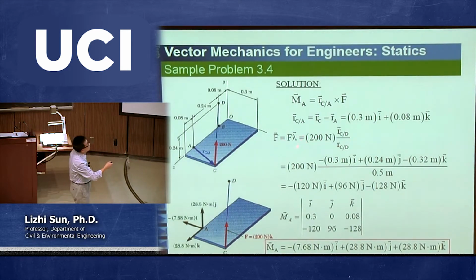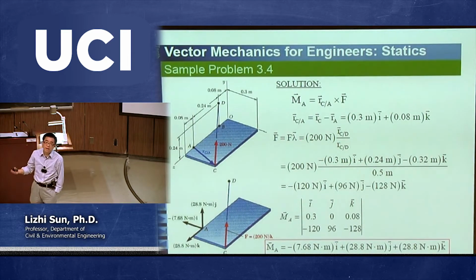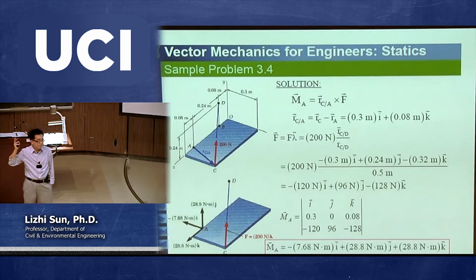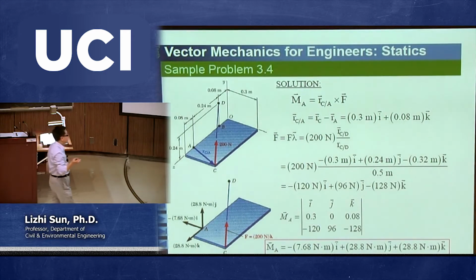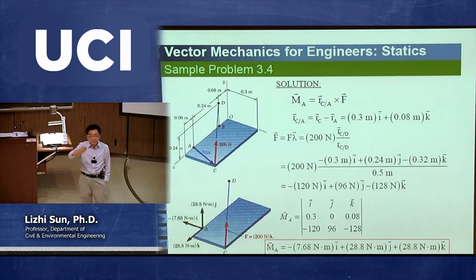Now we just need to determine the unit vector in that force direction, right? So this unit vector is different from the distance vector. Distance vector is just the end point subtract the start point. The unit direction vector is basically the end point subtract the start point and then divided by the distance. So you have something additional.